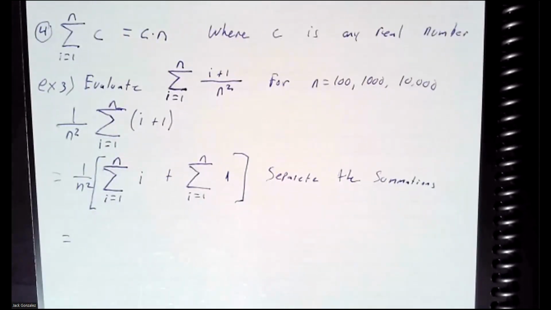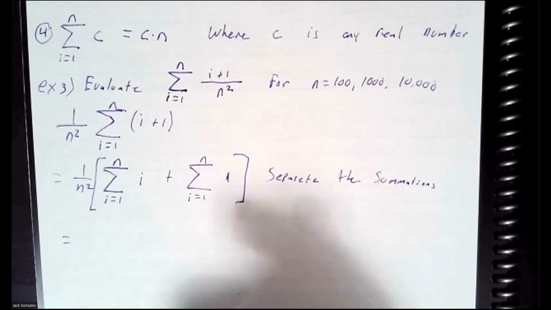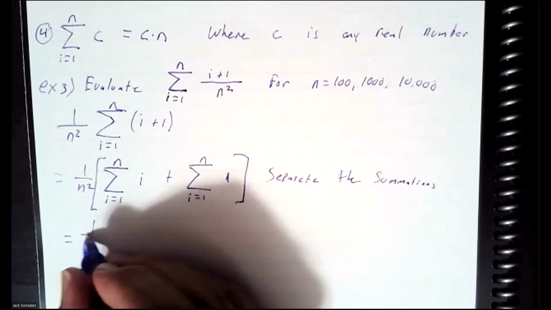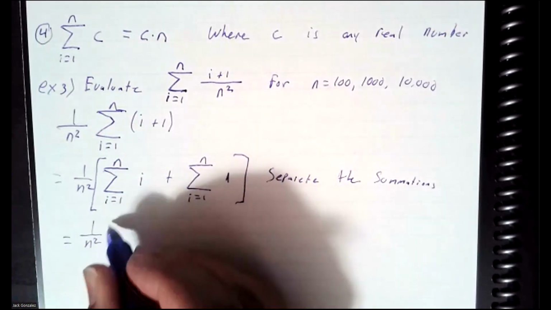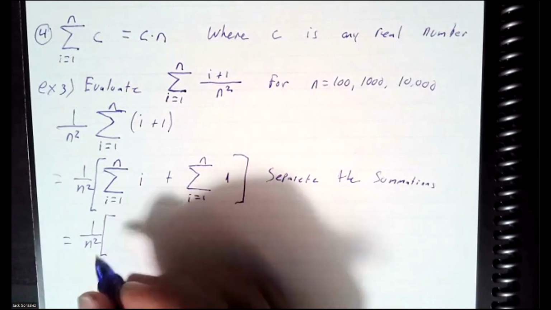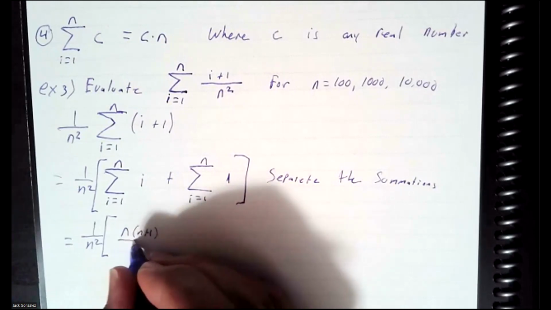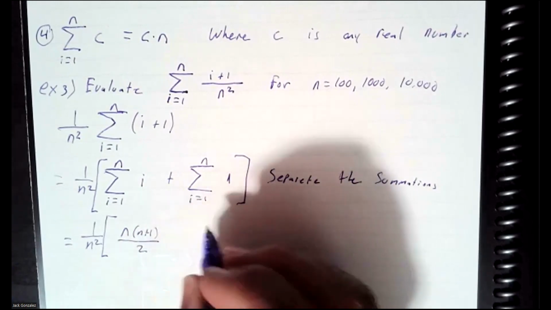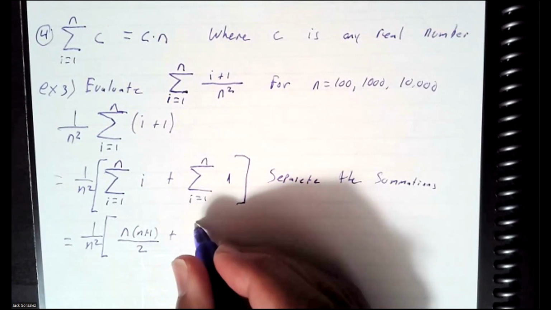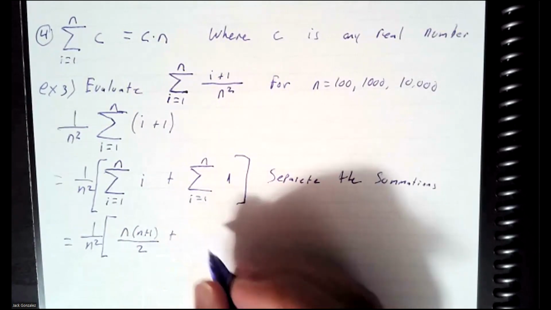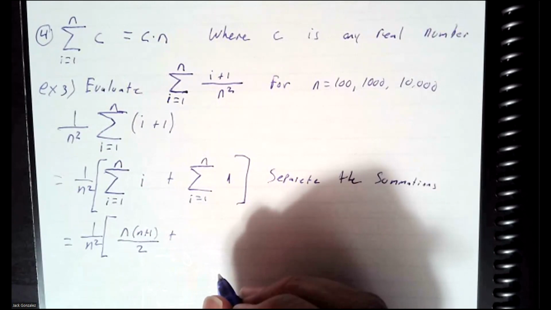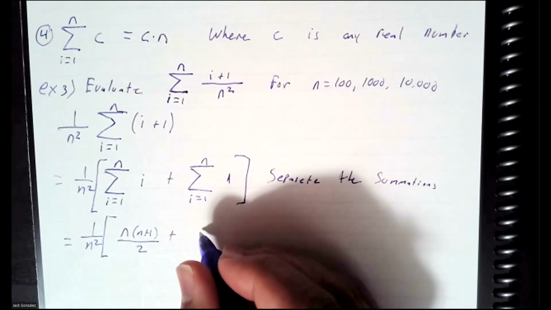So apply formulas 1 and 4. This one will become n times n plus 1 over 2, plus cn, where c is 1, so just 1n.